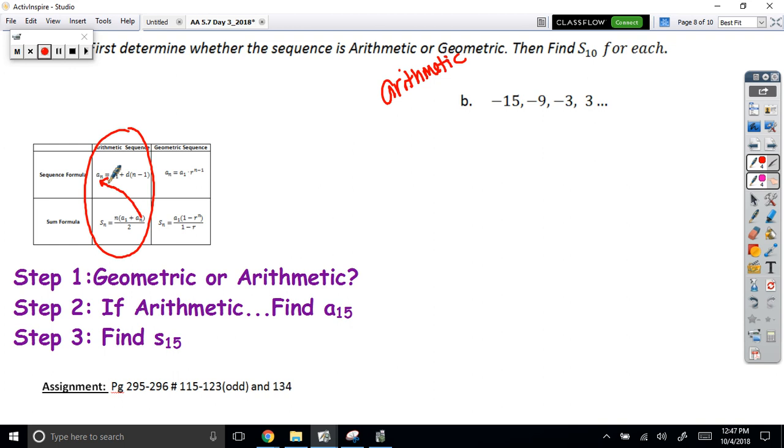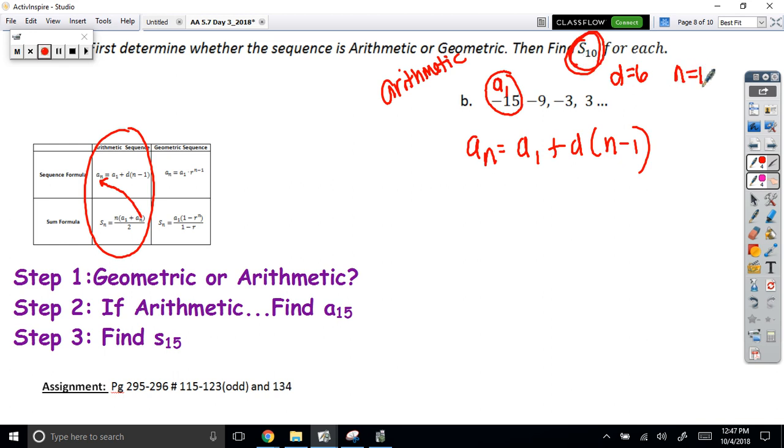So we'll start with that one. Sometimes it helps if you write the formula first so that you know what all variables you need to know. So we need to know what A sub 1 is, which is right here. What's D? What are they adding every time? 6. And again, this time we're still finding S sub 10, which tells me n is 10. So we sub in.